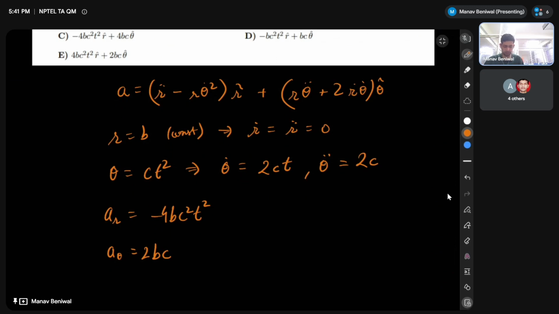So that's it. Okay. So combining this, I can write my acceleration as minus 4bc squared t squared r cap plus 2bc theta cap.